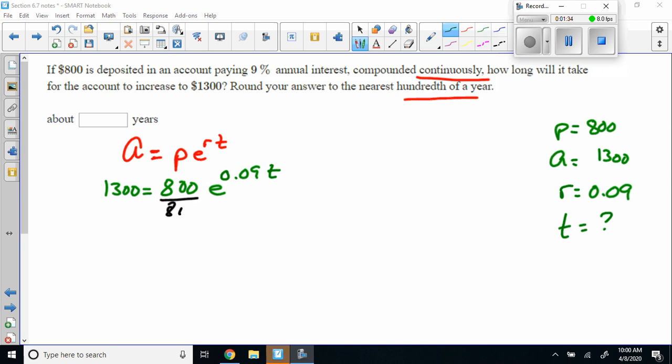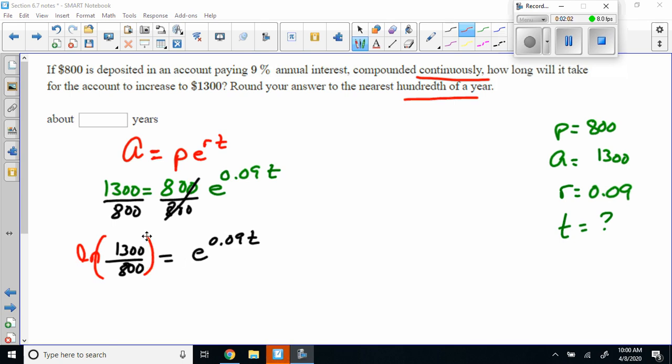First thing I'm going to do is isolate my e, because based off previous problems that we've worked in section 6.7, we need to isolate our e so that we can take the natural log of it. So we get 1,300 over 800 equals e to the 0.09t, and then I just take the natural log of both sides, and that cancels that.